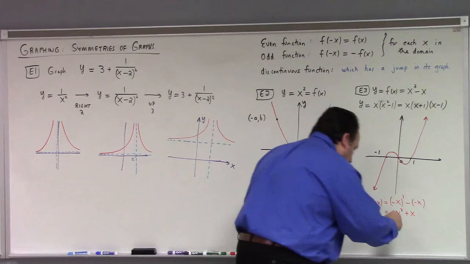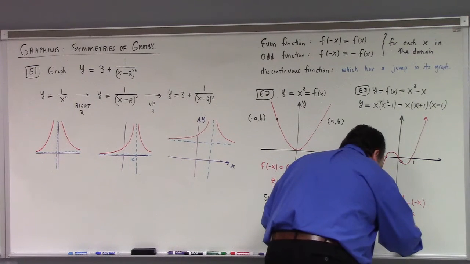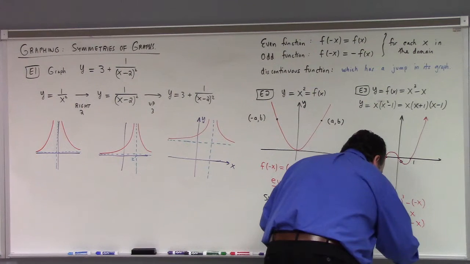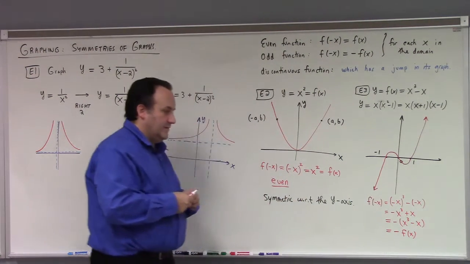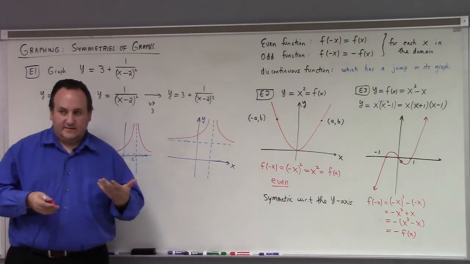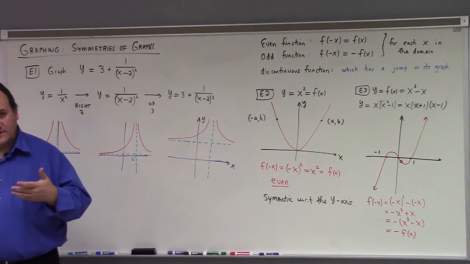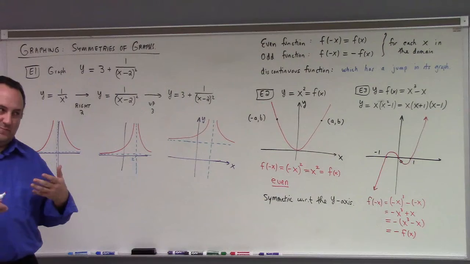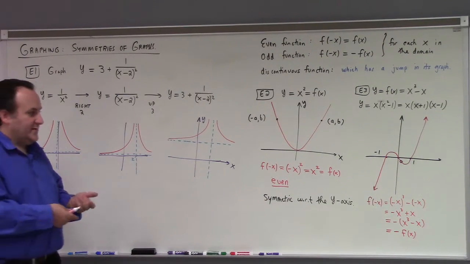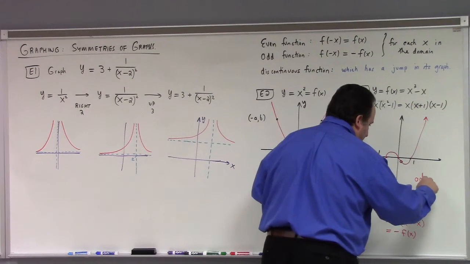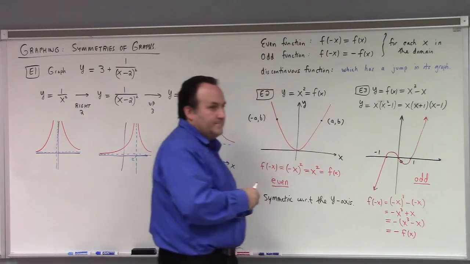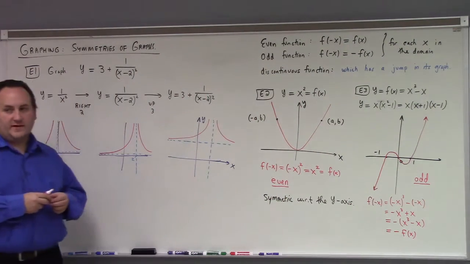We have minus parentheses x cubed minus x, which is minus f of x. In other words, we can calculate that f of minus x is equal to minus f of x. That means this function is what? This is odd. This is an odd function. Okay?